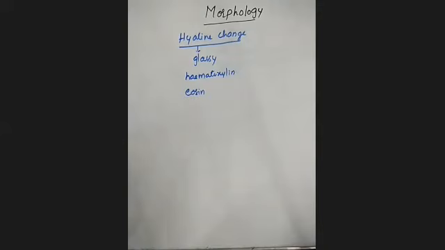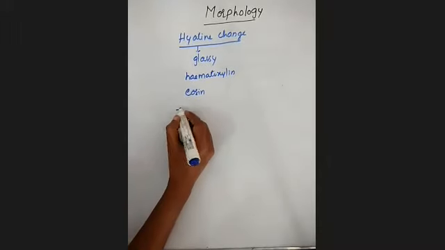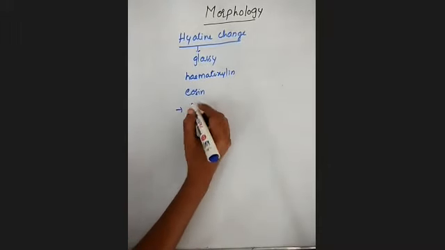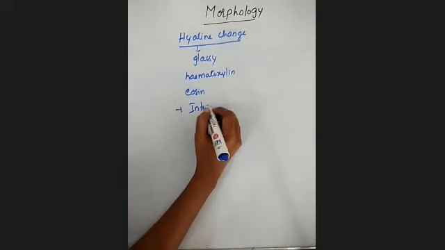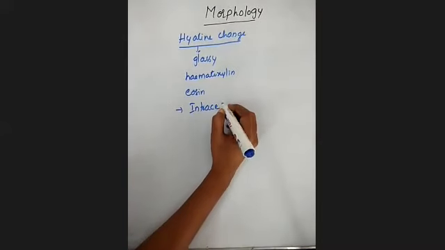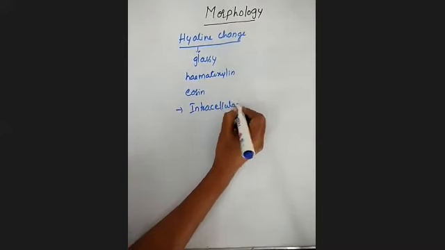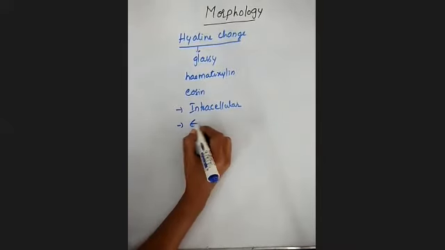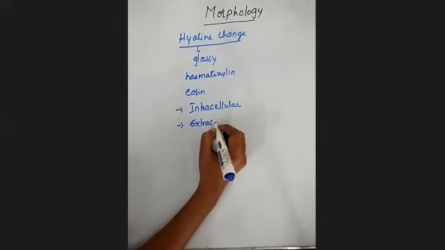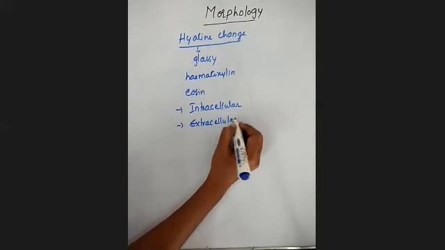Mainly this you are going to observe during pathological conditions. This hyaline change is observed in pathological conditions, and it exists in two forms. It may be intracellular hyaline change or it may be extracellular hyaline change.